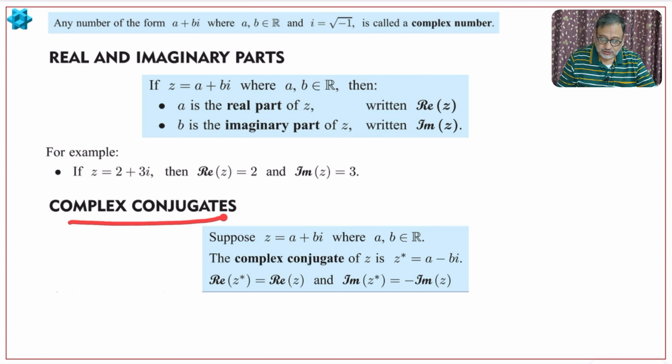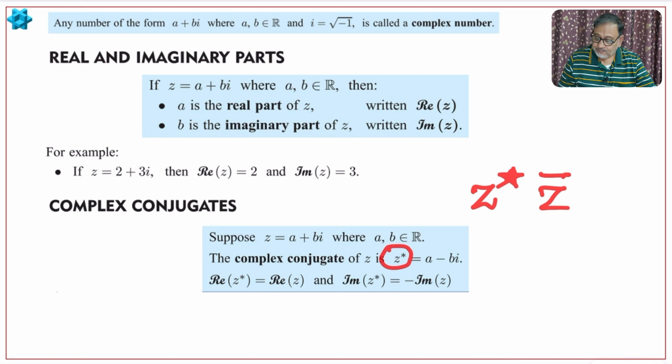Complex conjugate: suppose z is a plus bi, where a and b belong to R. The complex conjugate, z star, which some books write as z bar, is a minus bi.